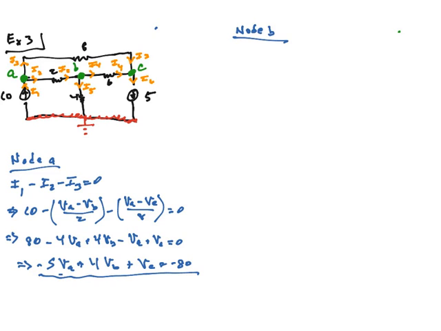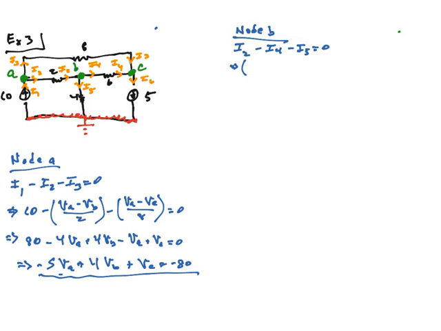Same thing. We have I2 coming in, minus I4 leaving, minus I5 leaving, equal to 0. I2 is not a source, so what did he do?